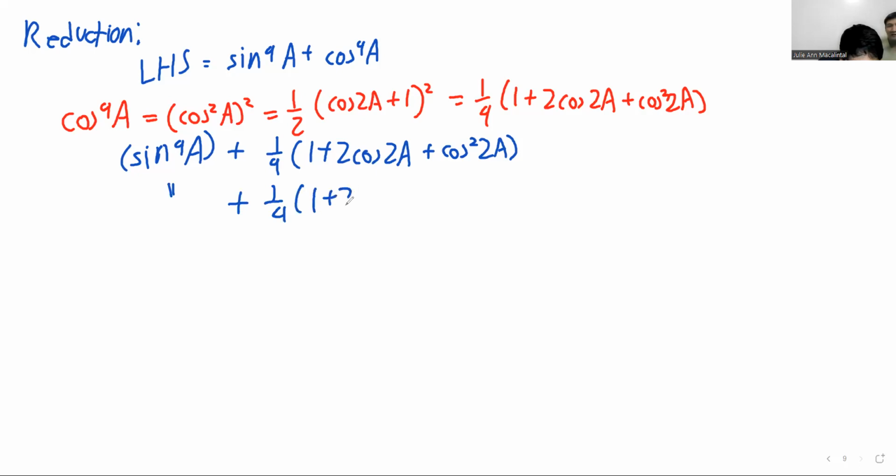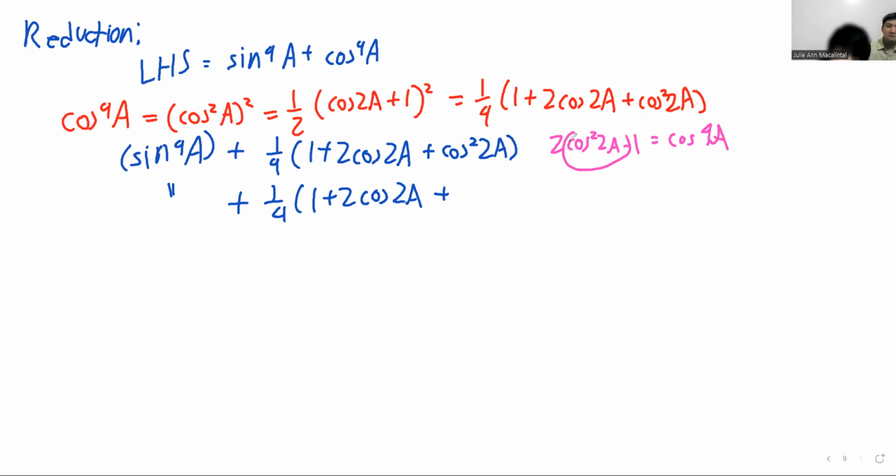Nice solution. Cosine square 2a, a small remark: 2 cos square 2a minus 1 is equal to cos 4a.